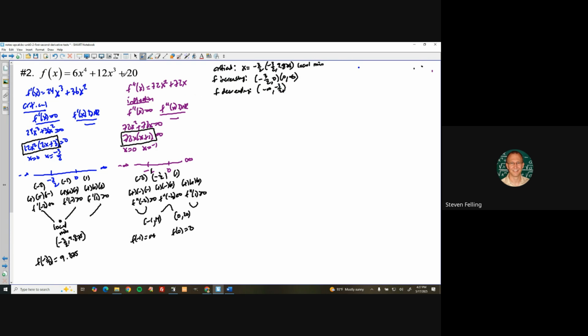Right? And then from the other test, we learned that there is an inflection point at x equals -1, which does have a point, it's -1, 14, and at x equals 0, so 0, 20 are called inflection points. f is concave up from -infinity to -1, and again from 0 to infinity, and f is concave down from -1 to 0.